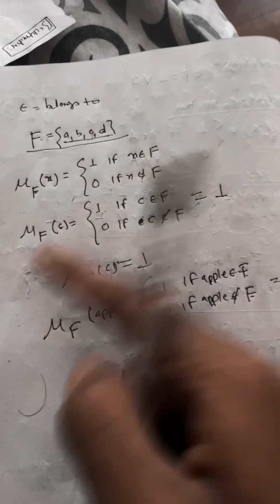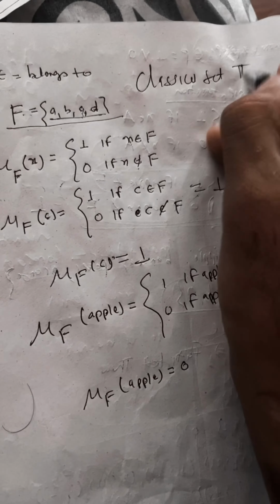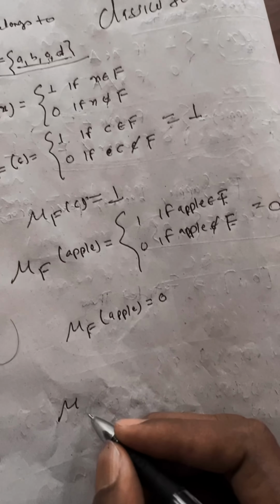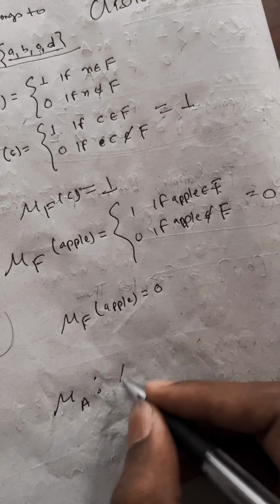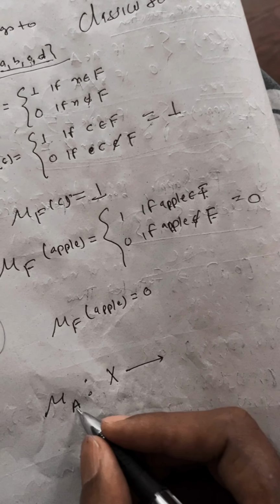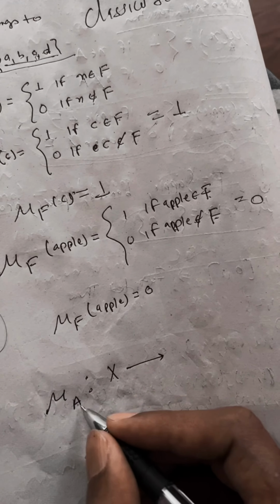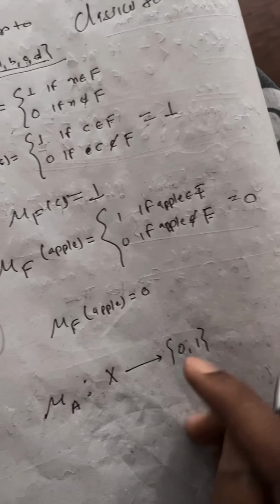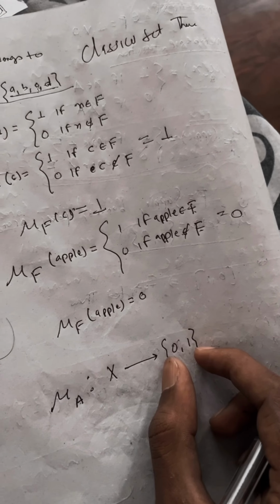So this is for the crisp set. It is called classical set theory, right? In classical set theory, this membership is a function defined on a set A, which takes an element of the set A and maps this element to the set {0, 1}.